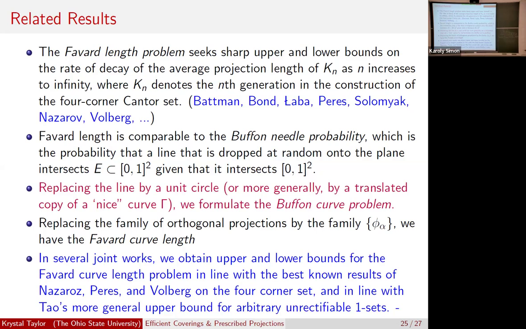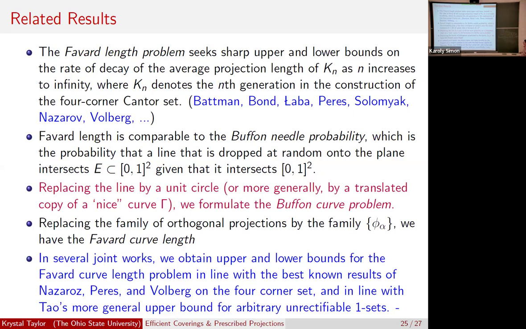The Buffon circle problem, I think, was originally introduced by, or studied by, Nazarov and Bond. They get nice asymptotic upper bounds for the Buffon circle problem, but the radii of their circle is increasing with n. So it's increasing as the generation increases. Okay, so it'd be really nice to get a result where you have fixed radii.